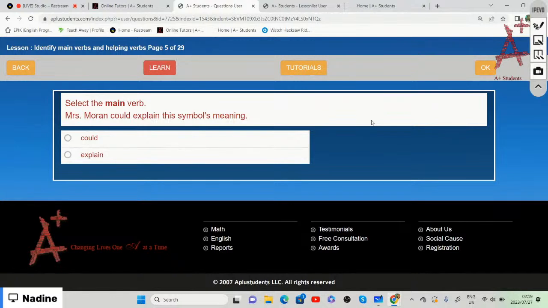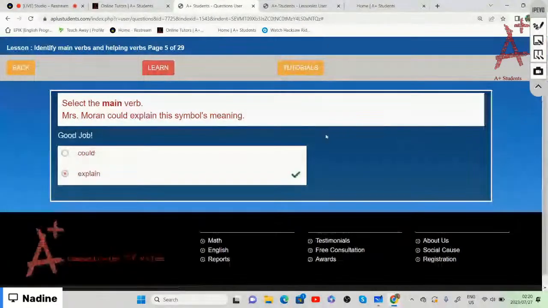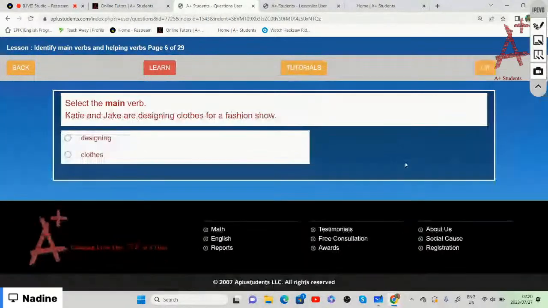They want us to select the main verb within the sentence. All right, if we choose our main verb, Mrs. Moran could explain the symbol's meaning, then our main verb is explain.